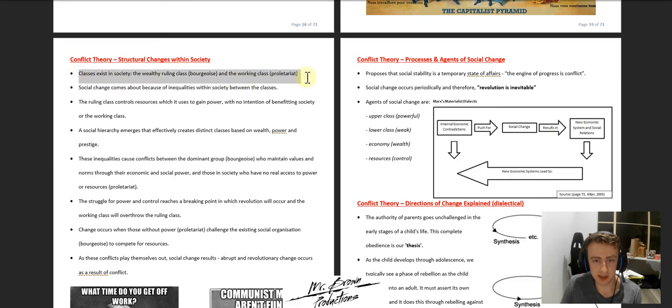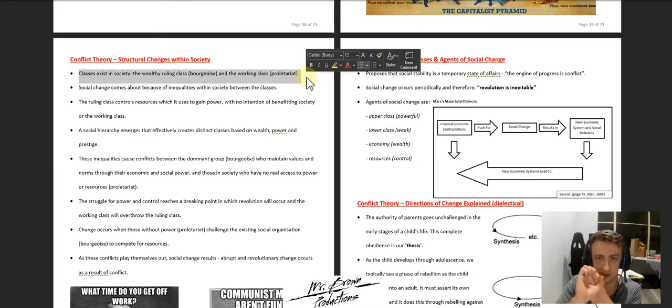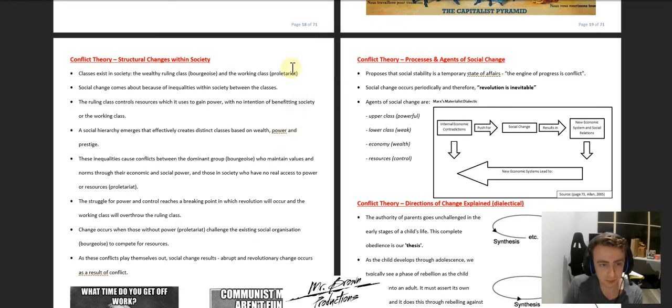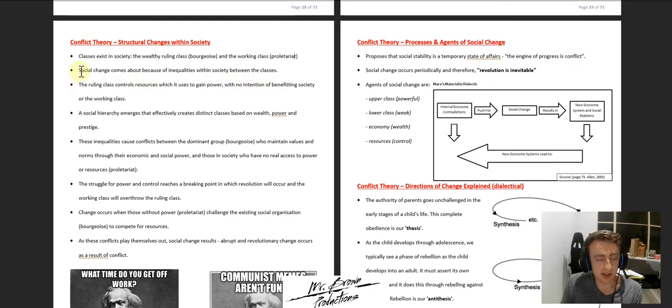So to understand the theory, you need to understand that two classes exist within society. There's no other classes, just two. There's the wealthy class, the upper class, the powerful people, and then there's the working class, who are seen as having less power and less authority and less human rights even. The second point of the theory is that any social change comes about because of inequalities within society between these two classes.